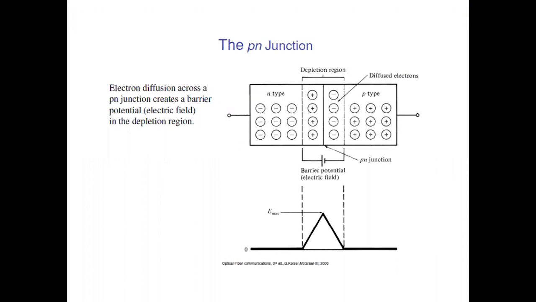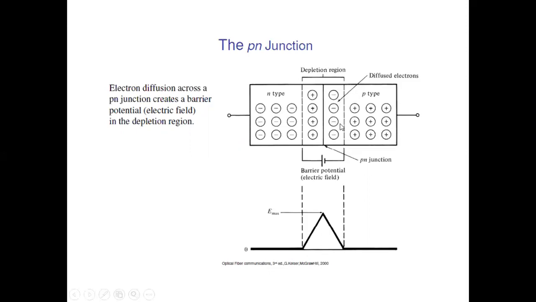So what happens in the depletion region is, because of the diffusion across this junction, the diffusion is of the positive charges, which are the holes, from p to n, and electrons from n to p. After a certain time, the recombinations are not sufficient to make this go away, and it starts charging up like a space charge.